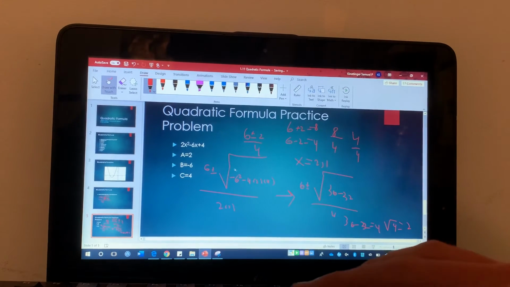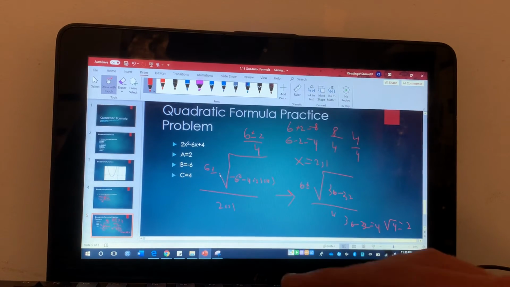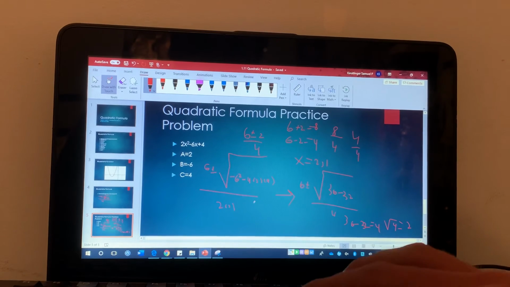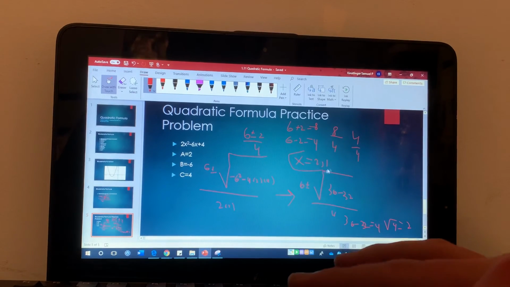Remember, when it says 6 plus or minus, that just means you have two answers: one where you have 6 plus that, and one where you have 6 minus that. So I got my zeros.